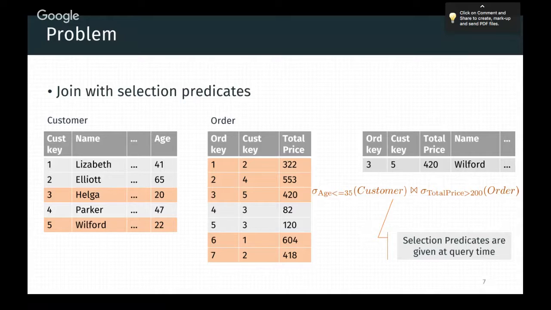But note that these selection predicates are only given at query time. Although the primary key, foreign key relationships are given when you are given the data schema, the selection predicates are only given at query time.